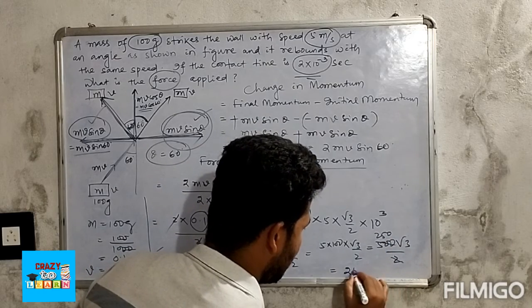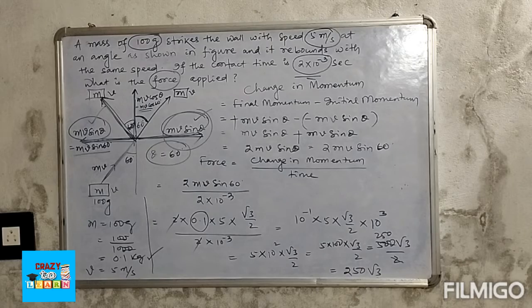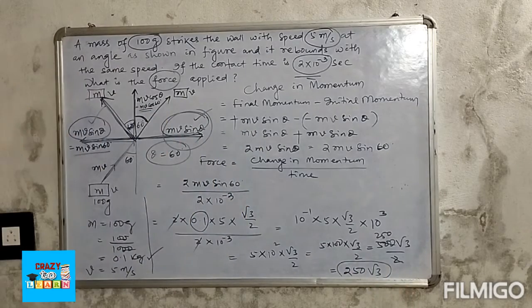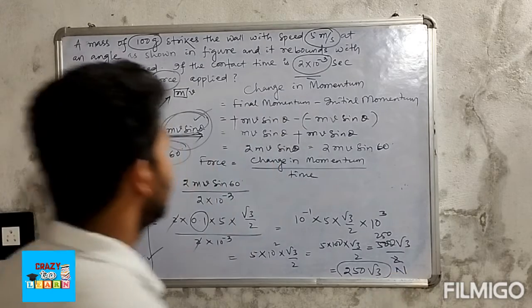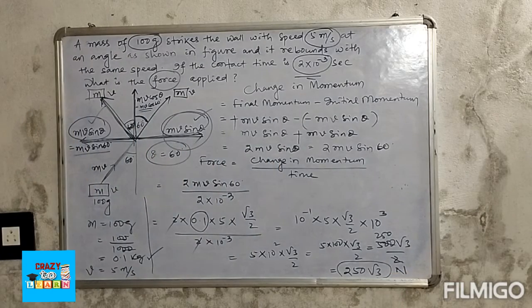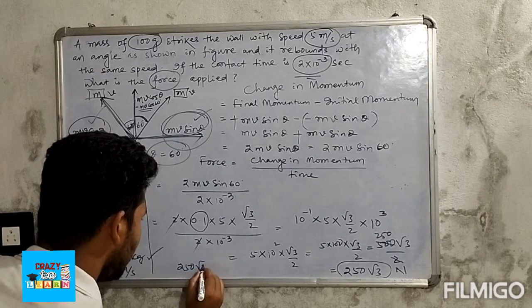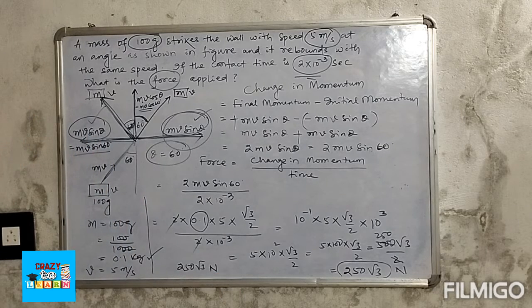So 250 root 3. So what is the force we are getting here? 250 root 3 Newton. So the answer is 250 root 3 Newton. Along which direction?